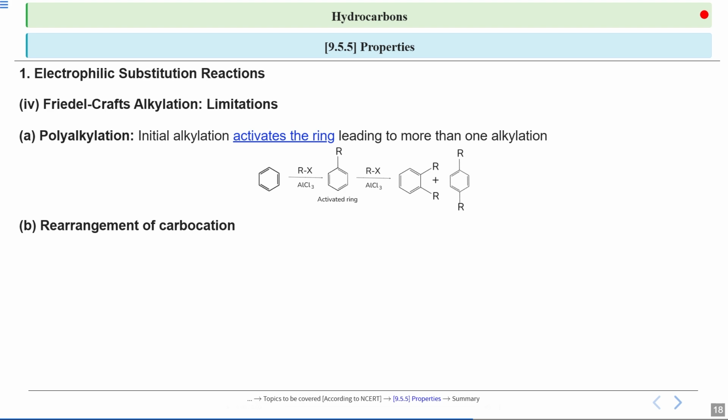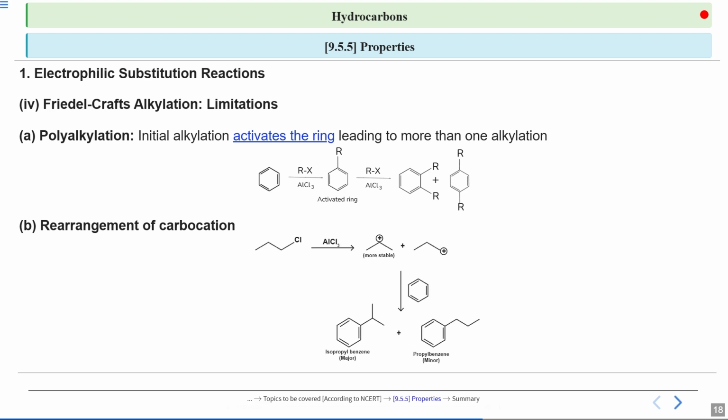Now next, as I said, we can have the rearrangement of carbocation. How is it possible? Suppose we created a propane carbocation. This propane carbocation can undergo a 1,2 hydride shift.